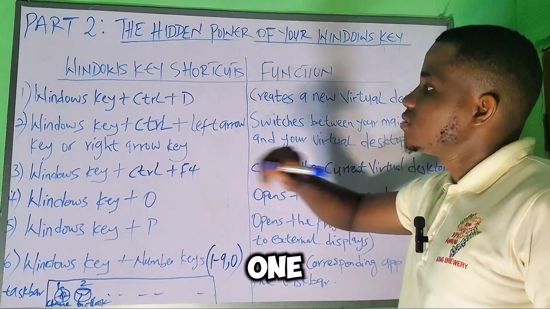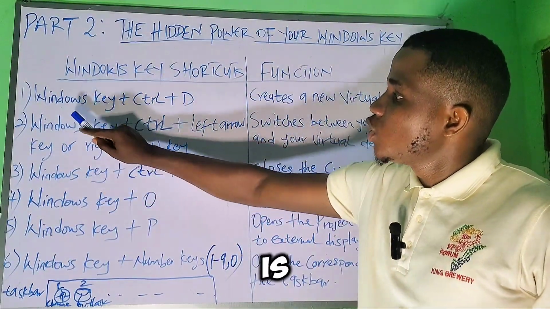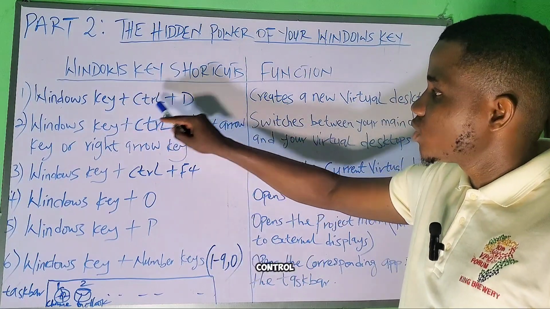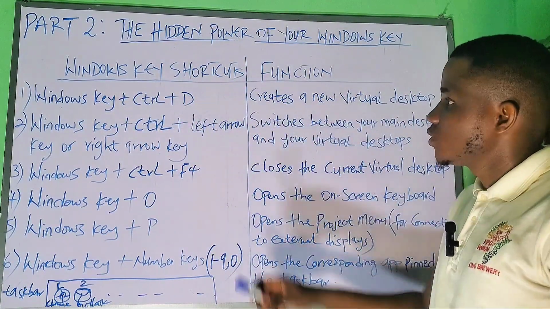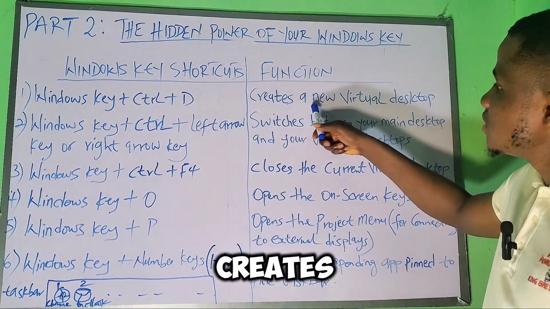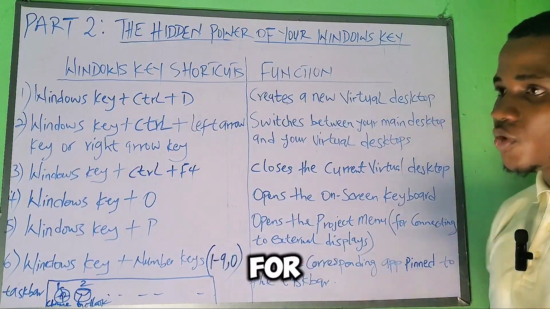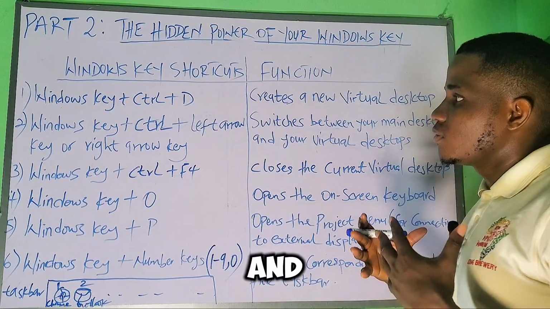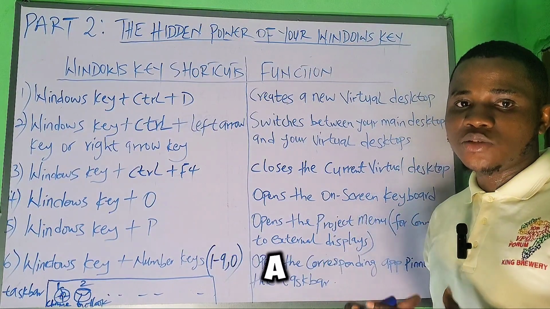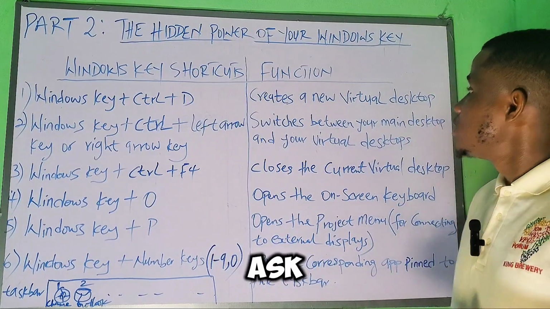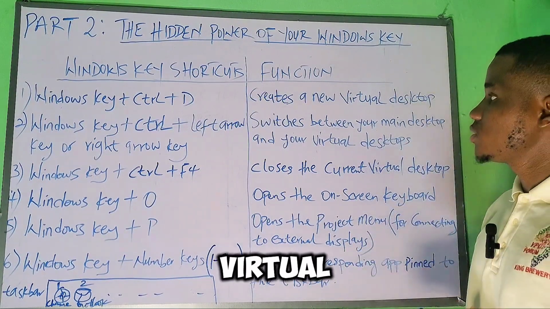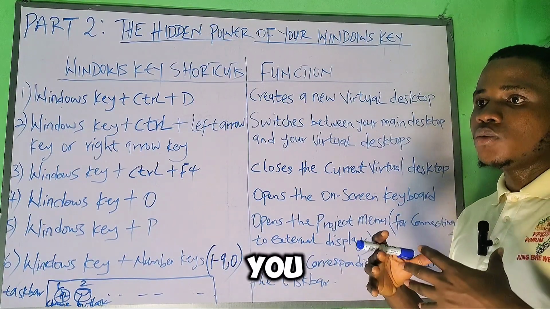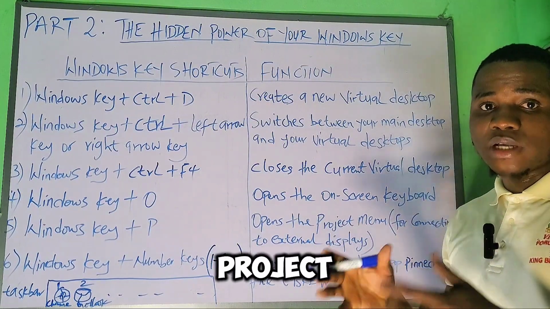So the first one on our list here is Windows key plus Control key plus D. The function is it creates a new virtual desktop for us. And why do we need to create a new virtual desktop? Someone may ask. Creating a new virtual desktop is to keep your work or project organized.